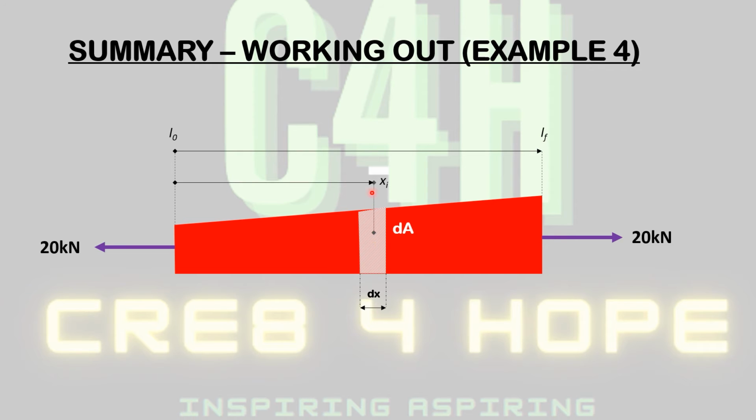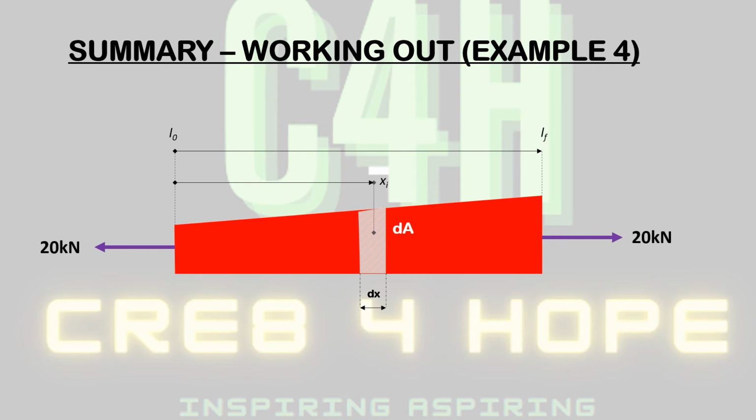We're also going to look at a small section of the bar. So the length of that small section, we're going to assume that to be dx, okay? And that small element in terms of the sectional area, we're going to assume that to be dA. Thus, the small change in area with respect to x, because the area changes with respect to x, will be equal to the formula that we were given in the question.